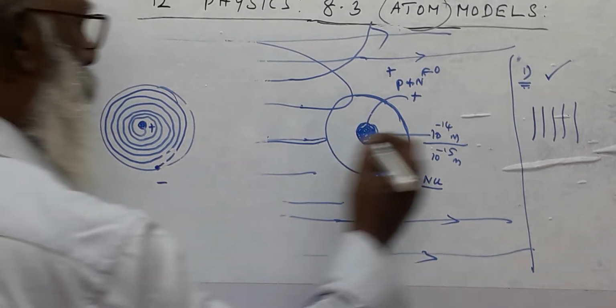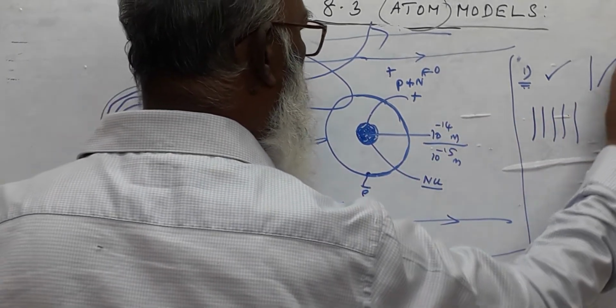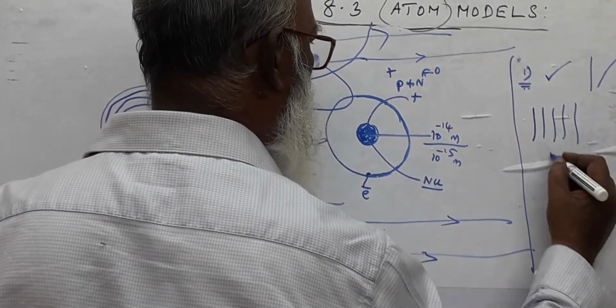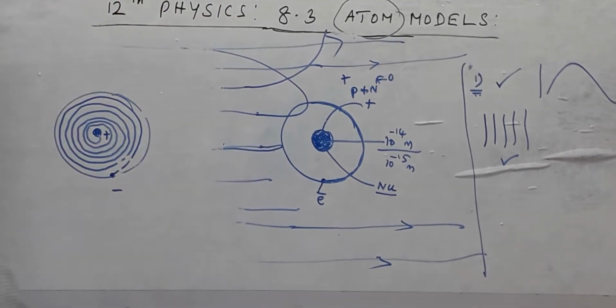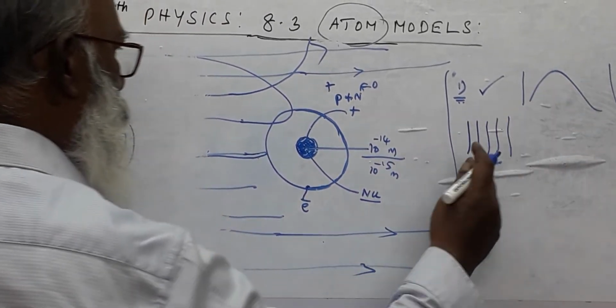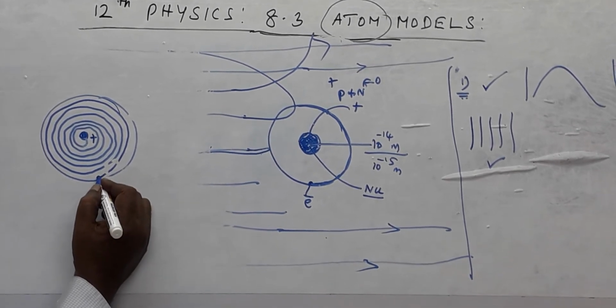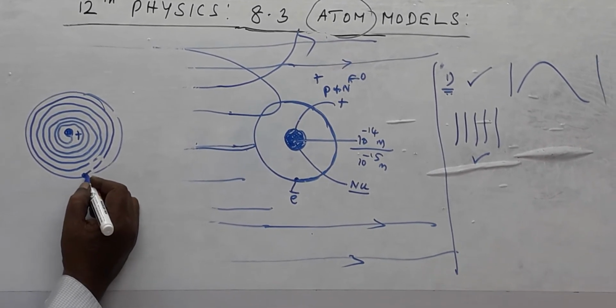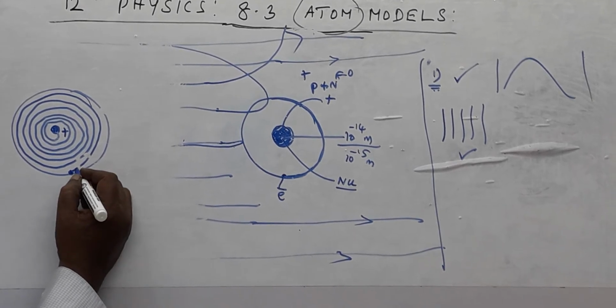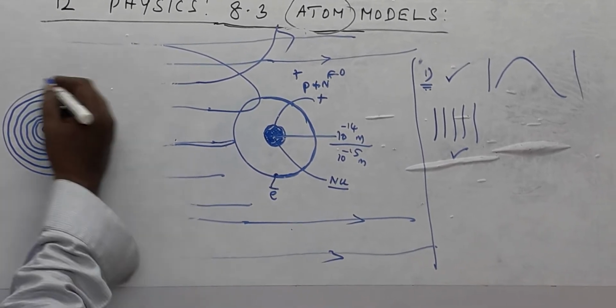That's why he got only a continuous spectrum instead of a line spectrum, because the electrons radiate their energy in a continuous manner.